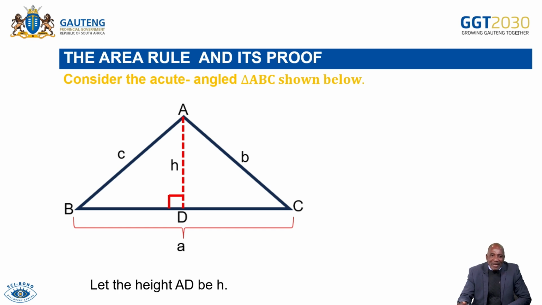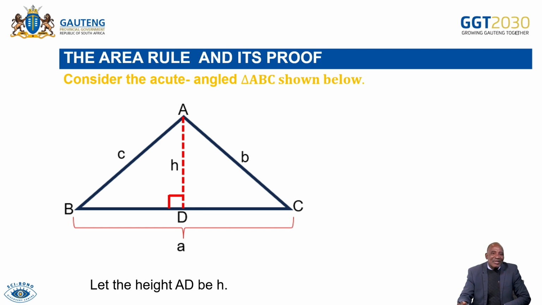Our triangle ABC is non-right-angled. We drop a perpendicular height, then we'll have our AD being the new height, which is H. Then we have our same sides that we have been having before. All these three stem from the same diagram, but you need to know how to angle them. You now know the height of your triangle, and your base this time is your BC.